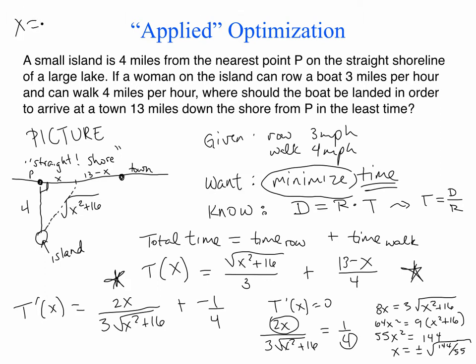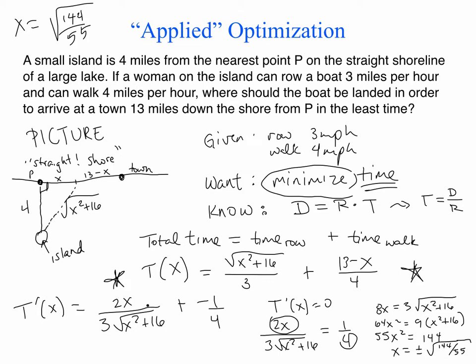So this is the critical value that we suspect will give us the right answer for minimizing time. We can test that in one of two ways. We can plug in a number slightly less than that and a number slightly larger than that into our first derivative, the rate of change function, and see if it goes from negative to positive, because that will give us a minimum.